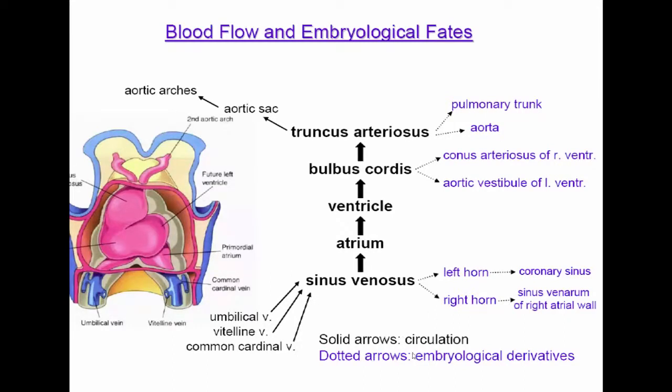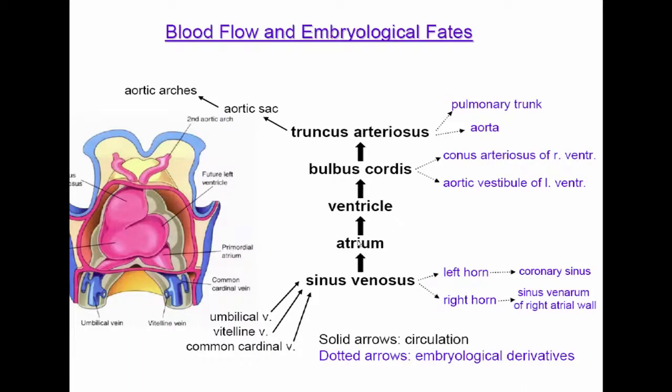And if you want to see about the sinus venosus, I will go to the previous picture. The sinus venosus will receive venous blood from the umbilical vein, vitelline vein, and common cardinal vein. Through the sinuatrial orifice, it will go to the common atrium.